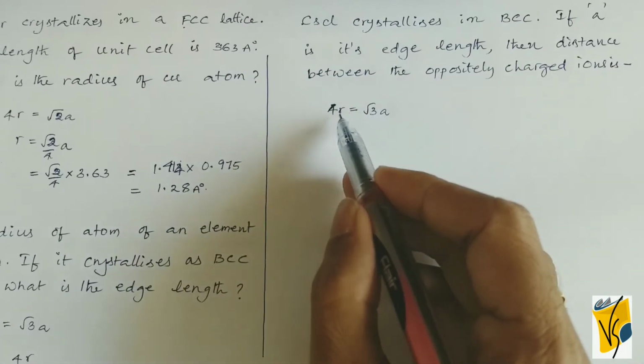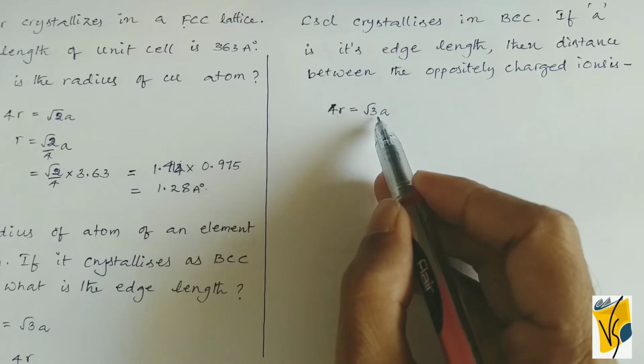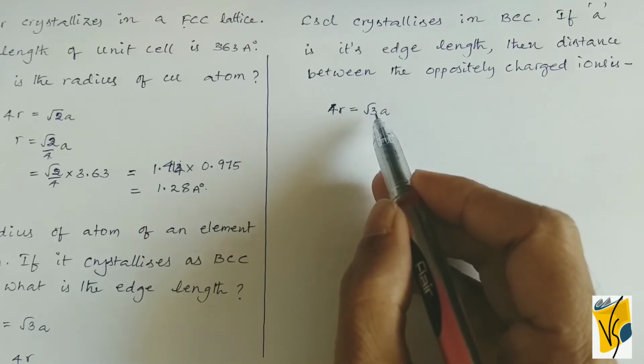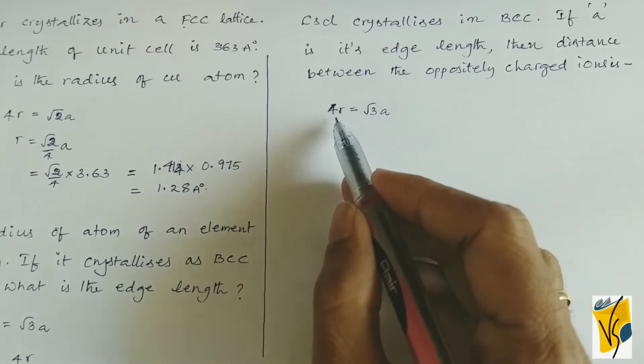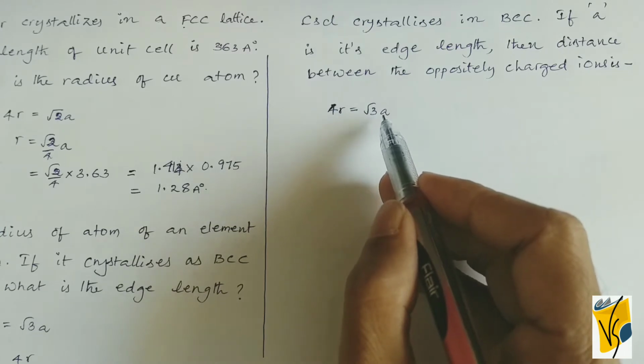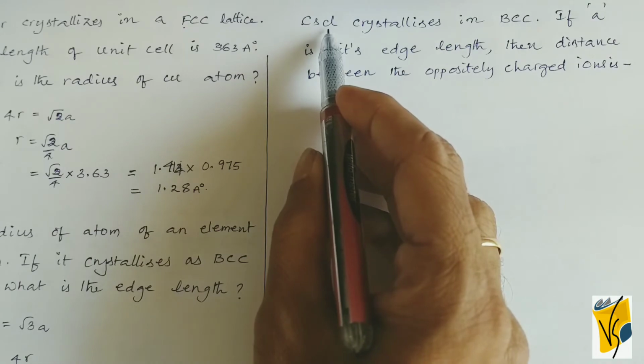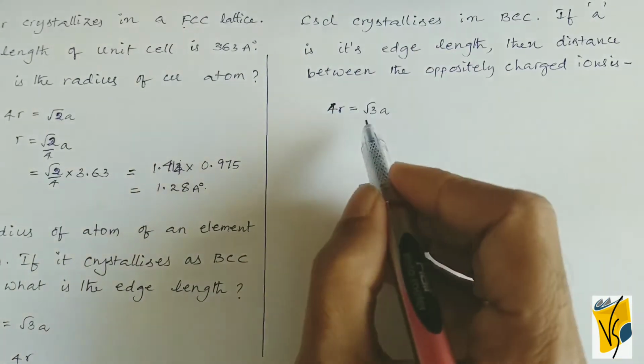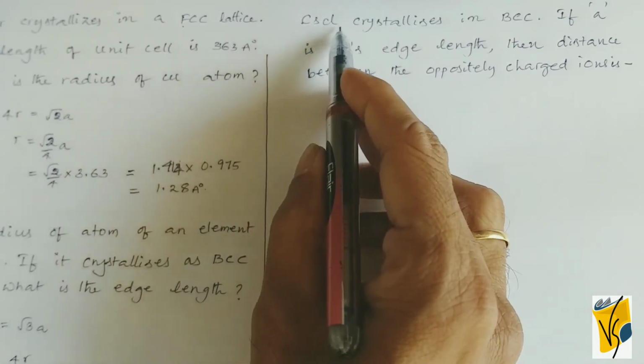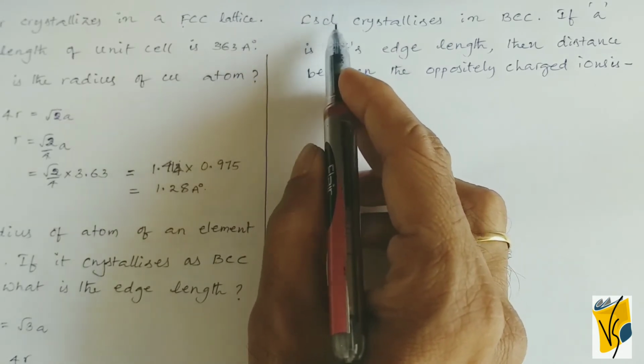This is applicable for a metal when identical atoms are present in the lattice, but here oppositely charged ions are present, right? So we have to modify the formula as per the ionic compound.